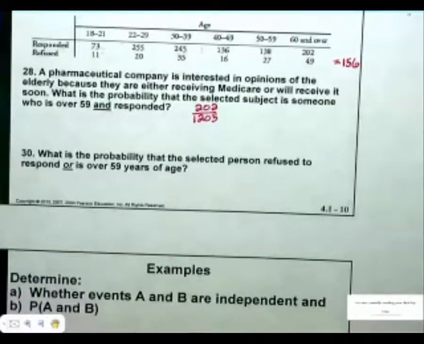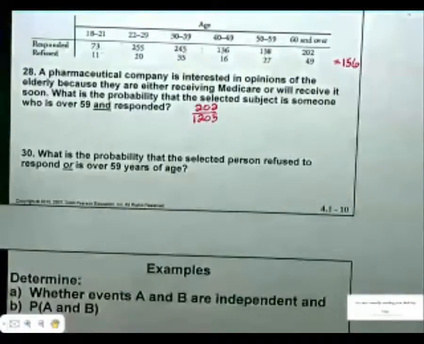I said how many refused to respond? No, how many were over 59? And that's not just 49, it's what? Yeah, 202 plus 49. Because the question I asked was the total number who were 60 and over. That's 251.